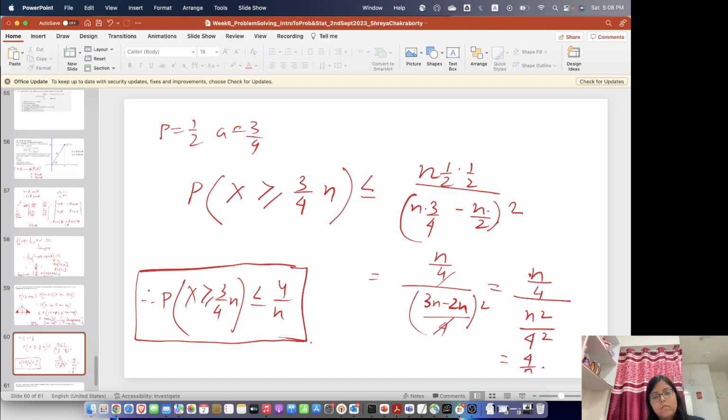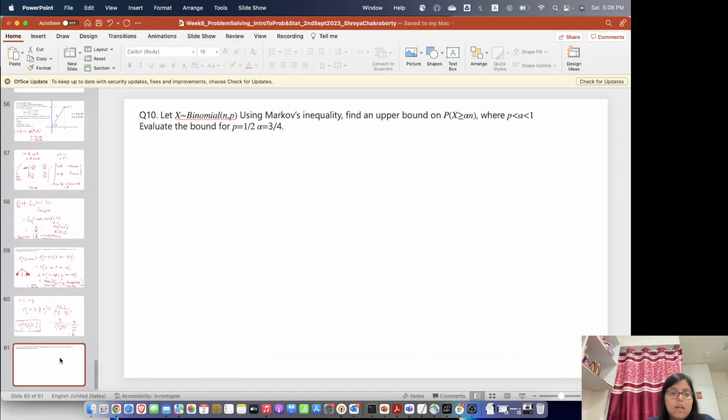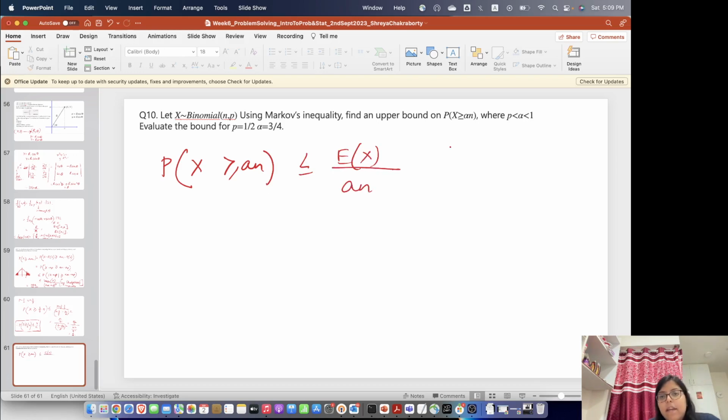So if we have to do the same thing with Markov's inequality, what will we do? The probability that X is greater than or equal to an will be less than or equal to the expectation of X by an. This is Markov's.